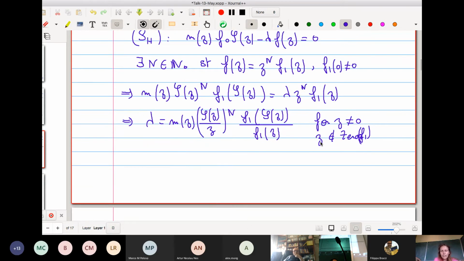So now we take the limit as z tends to 0. Since m is continuous, obviously it tends to m of 0, and phi over z tends to phi prime of 0.